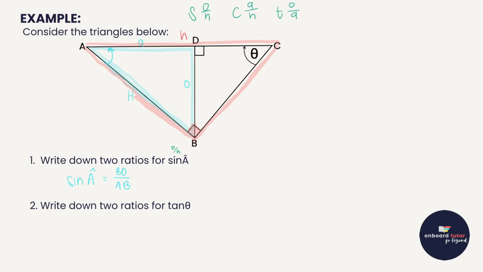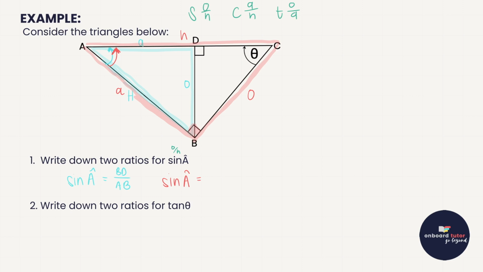Then in relation to angle A, that's always the thing we need to be careful of. Where is the adjacent side? Which other one is touching it? Well, within the red triangle, it's going to be side AB. And that leaves side BC as the one that is opposite. So now I can write down a second ratio here for sine.